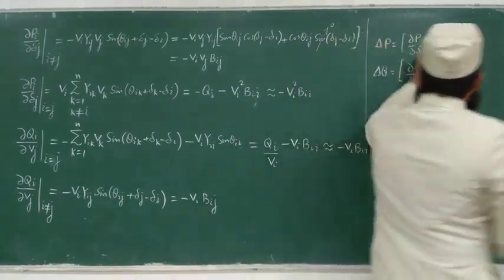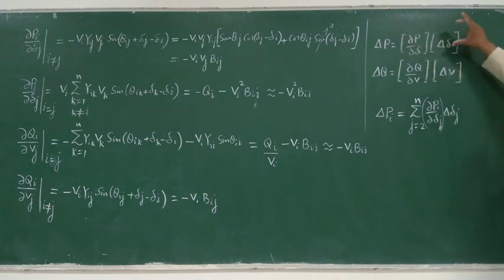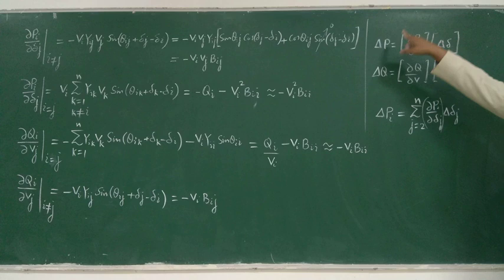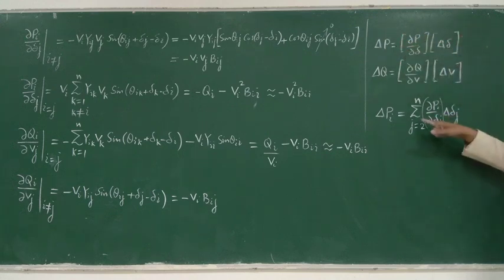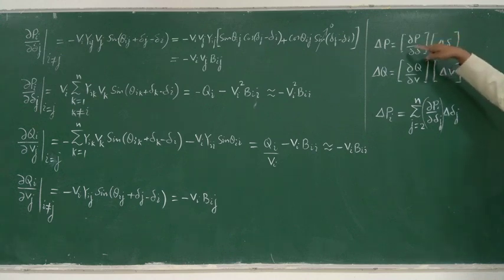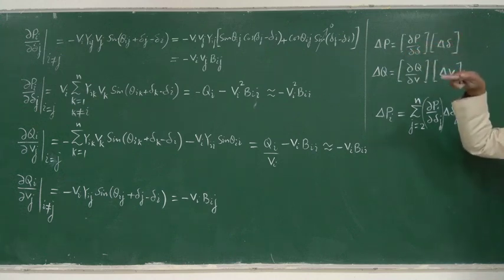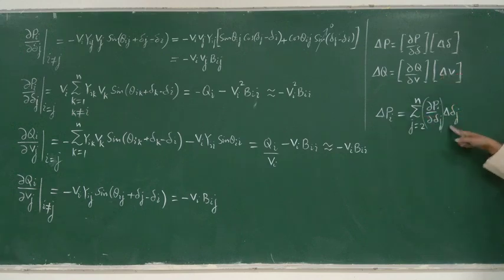We multiply each element of the row with each element of the vector and add them: one element into one element, plus the second element into the second element, corresponding to the ith row only. So we may write this.